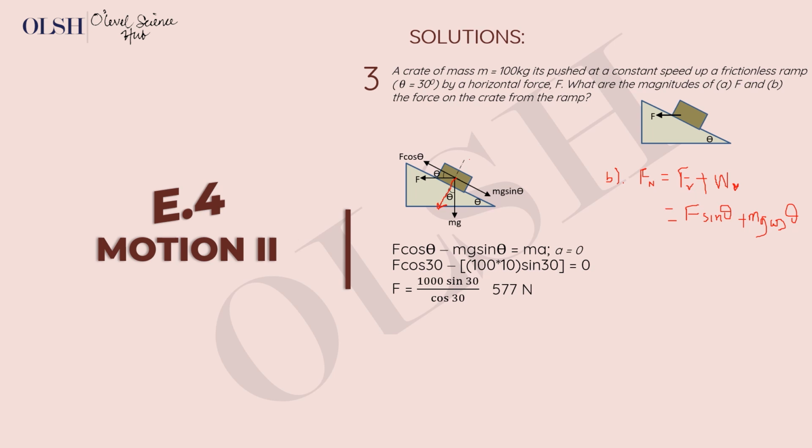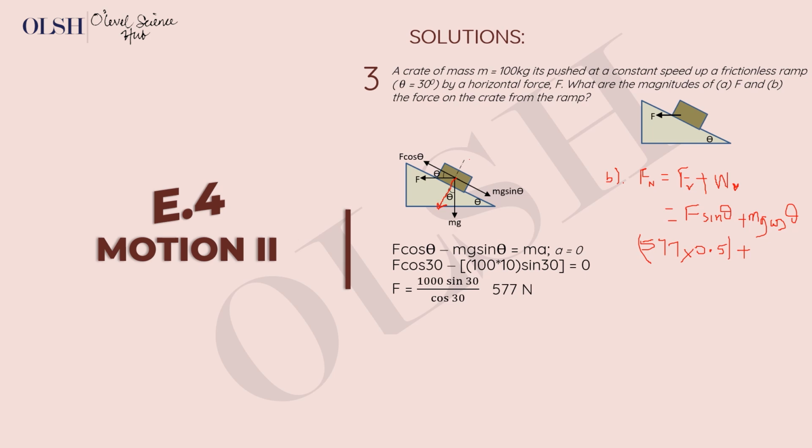So if we do this, we have our F as 577. So this is 577 times sin 30, which is 0.5. Then we add that to mg, which is 1000, if I'm not mistaken.